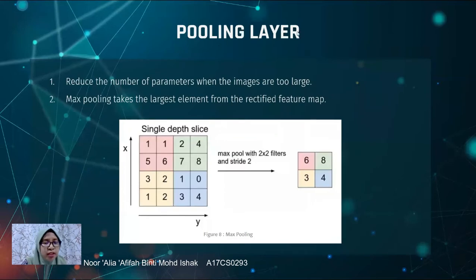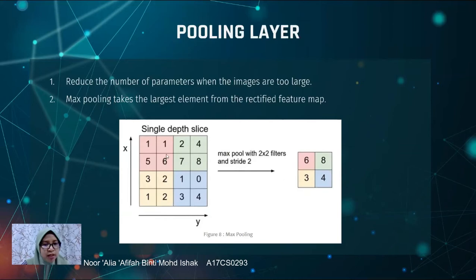While the pooling layer functions to reduce the number of parameters when the images are too large. And this is an example of the pooling layer, where this is a 4x4 image. It consists of 4 parts, which are the red part, green part, yellow part, and blue part. To reduce the size of this picture, we choose the largest element in every part, where the first one is the red part.